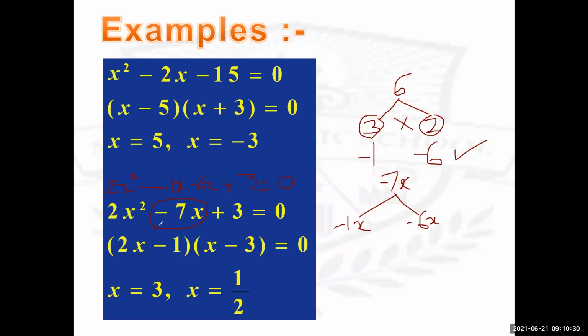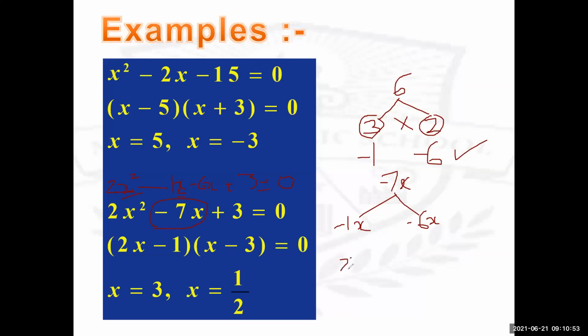Now you will move ahead and find common terms. From 2x square and this x, you are going to remove x common.